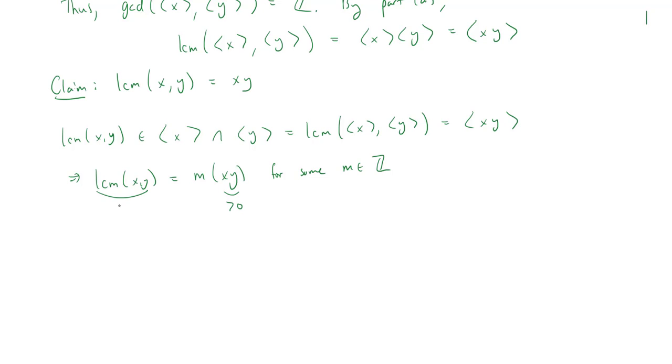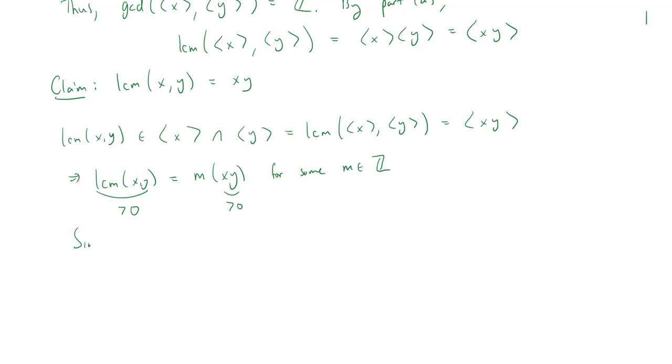The least common multiple is always defined to be positive. And so if we want the least common multiple to be the smallest multiple, the least of the multiples, well, then what can m be? The smallest m could possibly be is 1. And in that case, you just get x times y, which is a common multiple of both x and y.